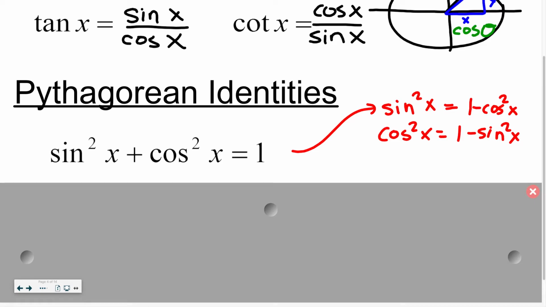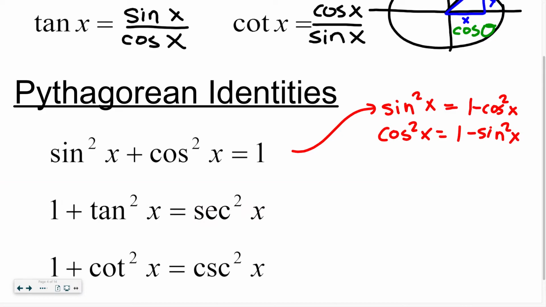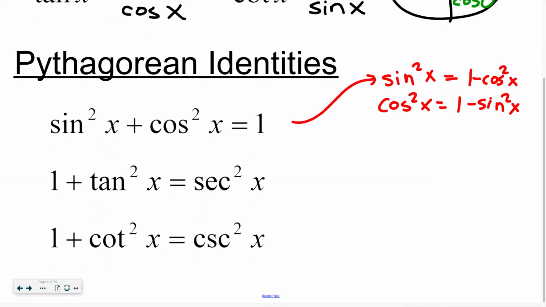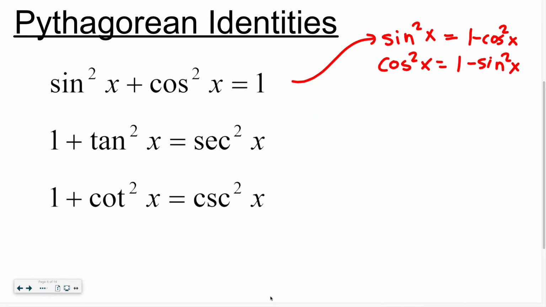Here are the other two Pythagorean identities. They're less obvious in my drawing up there. So if we have time another day, we can talk about why these two Pythagorean identities are what they are. But for right now, I'm going to say write them in your notebook. You are responsible for them.